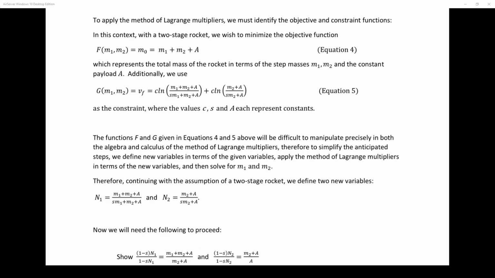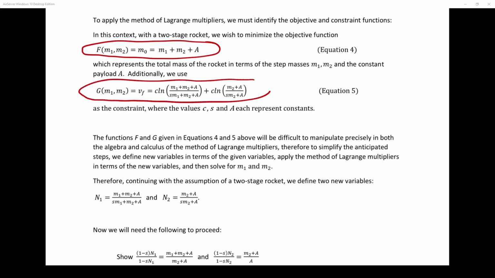But the functions that you see identified here and here, if we go directly into the method of Lagrange multipliers with these two functions written as they are here, the algebra gets pretty unwieldy and the calculus gets pretty intense to do by hand.